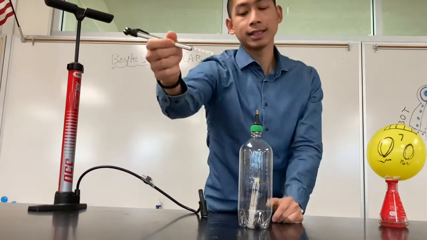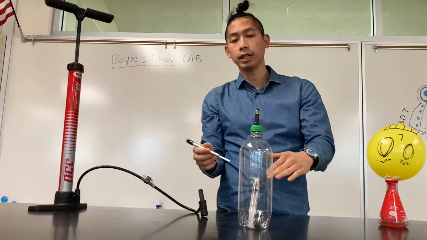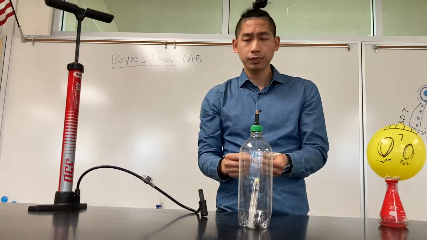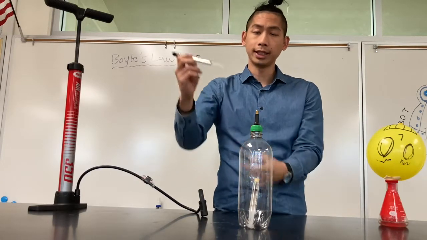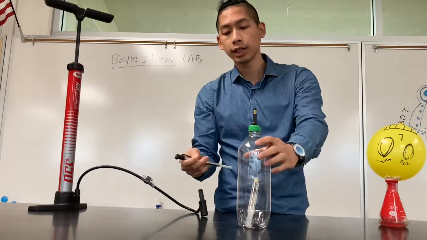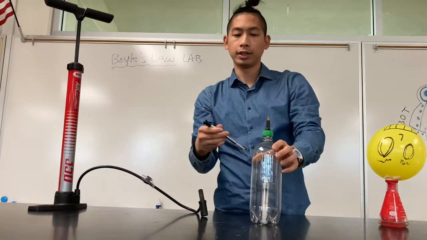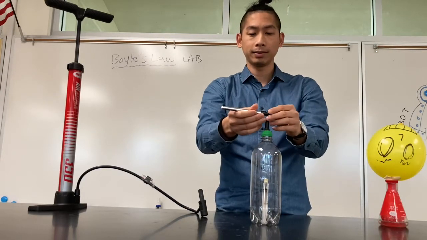So in this lab, what we're gonna do is we're going to continually lower the pressure by letting some air out each time. And each time we do that, we're going to record the pressure using the tire gauge. And we're also going to record the volume inside of the syringe. So to let out some air, I just have to use the back side of this. So I'm going to let out some air.